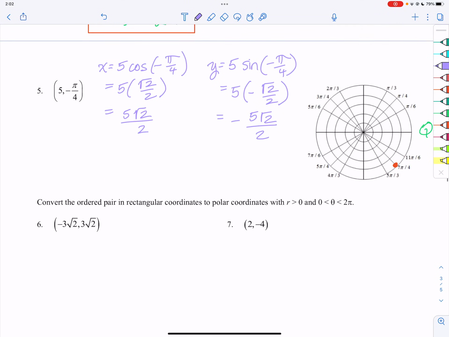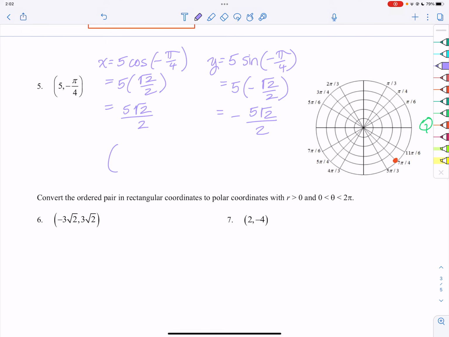So our rectangular coordinates are 5 root 2 all over 2, and the opposite of 5 root 2 over 2.